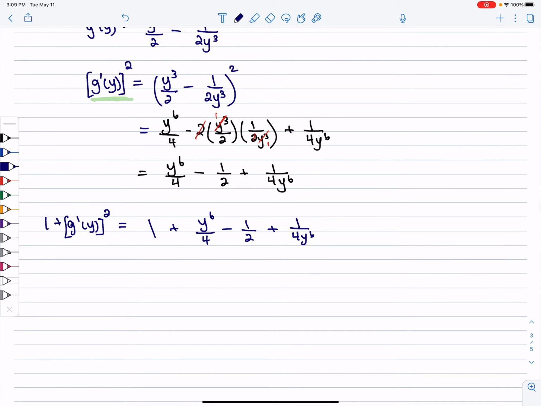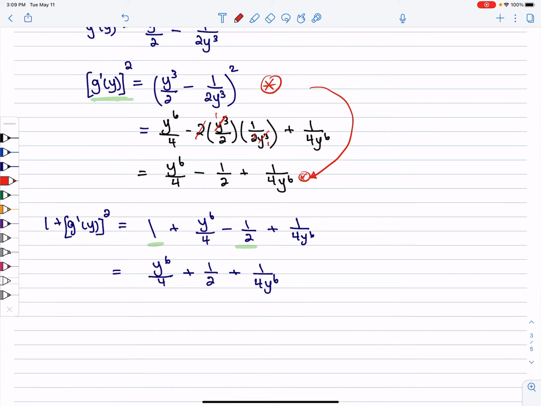When you add 1, you now get y to the 6th over 4 plus 1/2 plus 1 over 4y to the 6th. And then I like to make an observation here. When we squared, this is what we got.